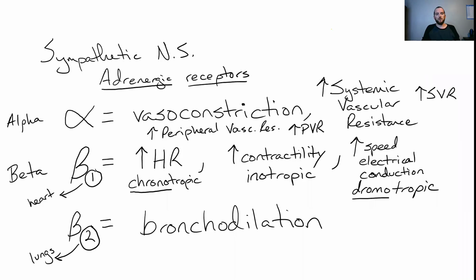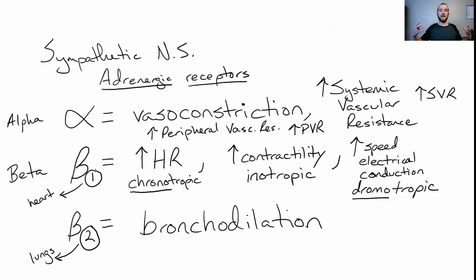So beta 2 receptor stimulation causes widespread bronchodilation, which is just helping open up our lungs, because in this fight or flight high stress situation, our body is going to have to do a lot of work. And in order for the body to do a lot of work, it's going to need a lot of oxygen.